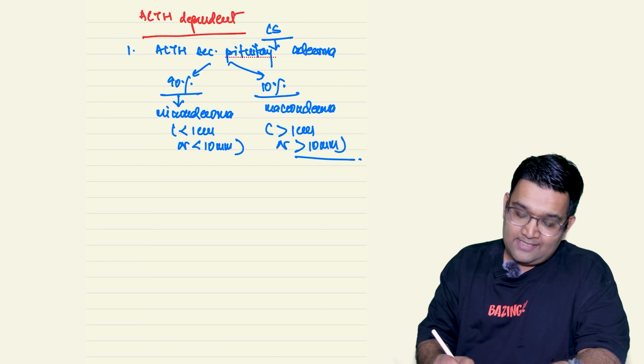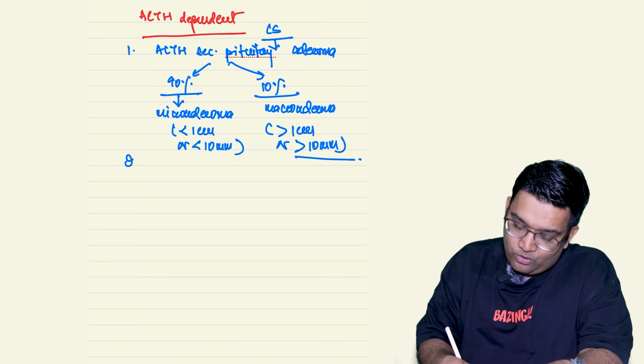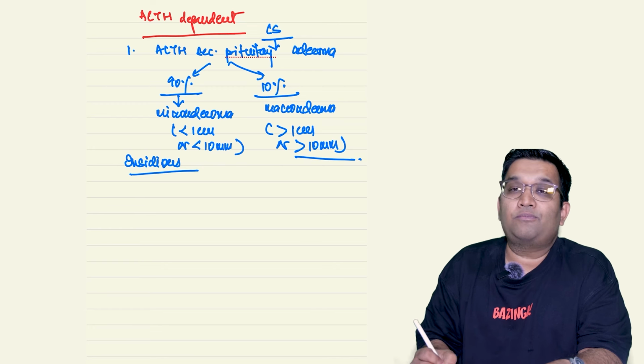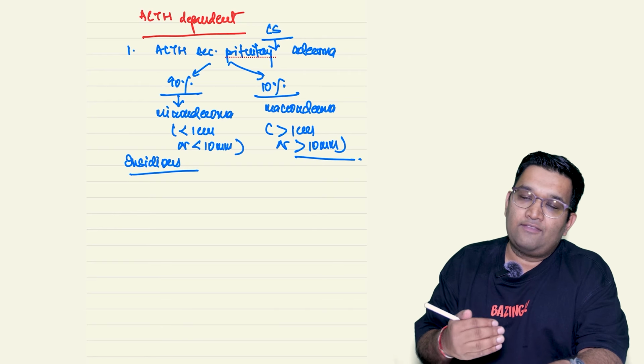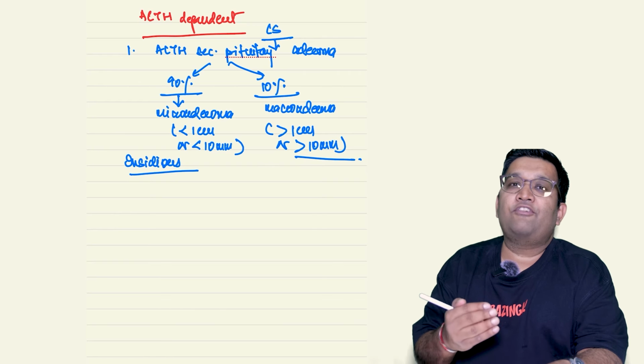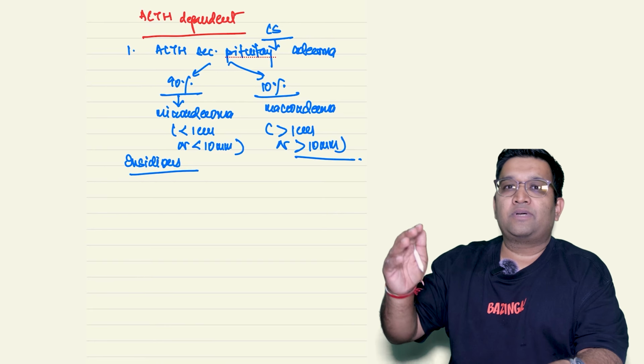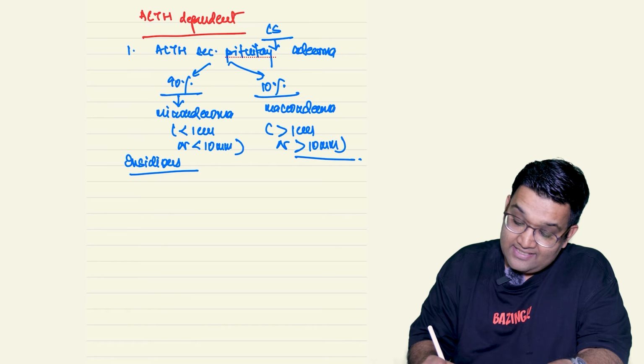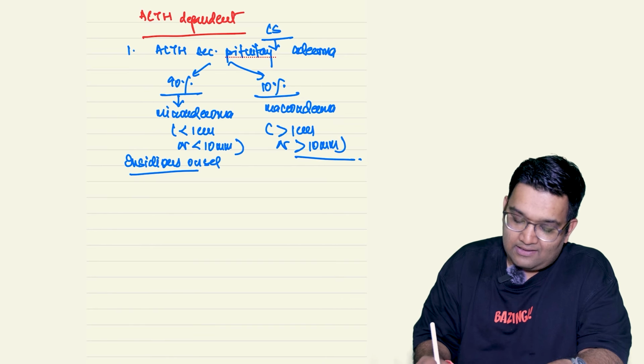Now, in this case, as we discussed, it is going to be an insidious disease. Patient is not going to come to you suddenly. He will say that I have had weight gain over a period of 6 months, 2 years, 3 years, like that. So it is an insidious onset.